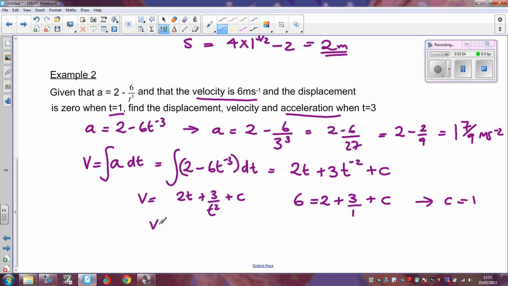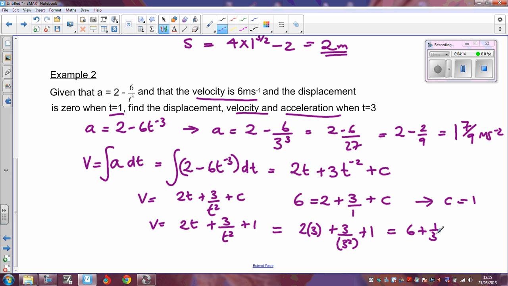So the velocity then is 2t plus 3 over t squared plus 1. So if we want the velocity when t is 3, that's going to be 2 times 3 plus 3 over 3 squared plus 1. Well, that's 6 plus 3/9, that's a third, plus 1. So that's 7 1/3 meters per second.